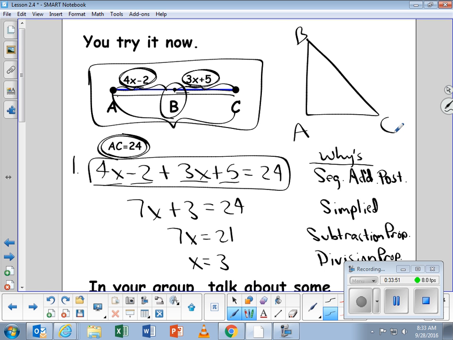So I cannot assume that it's a right angle. You're right, it looks like a right triangle, but I can't make that assumption. If they don't mark it like this, which means those two segments are perpendicular, which means it's a right angle, then I cannot say that's a right triangle. All I know is it's a triangle.